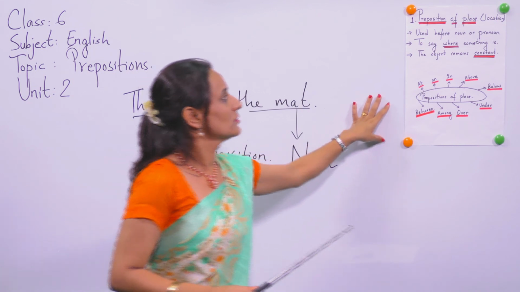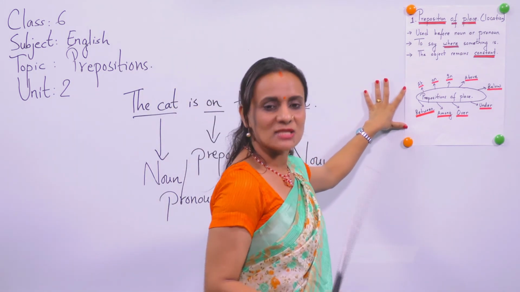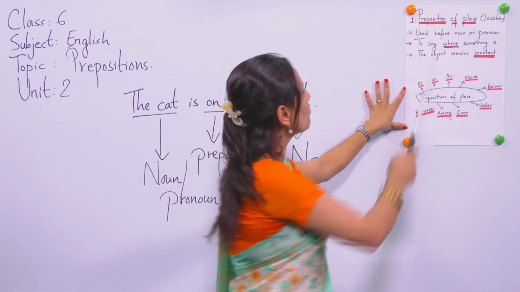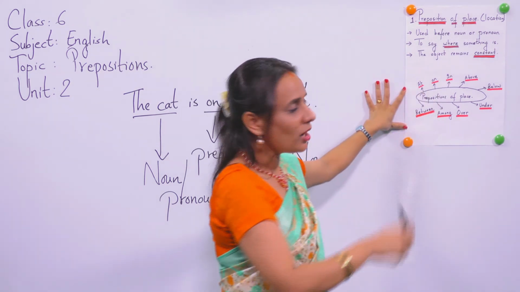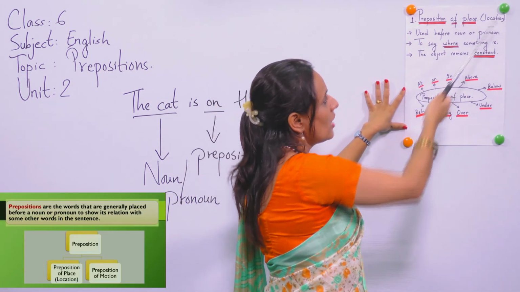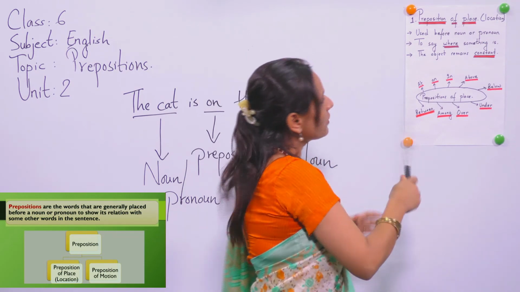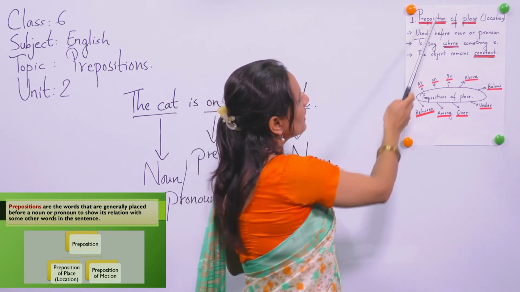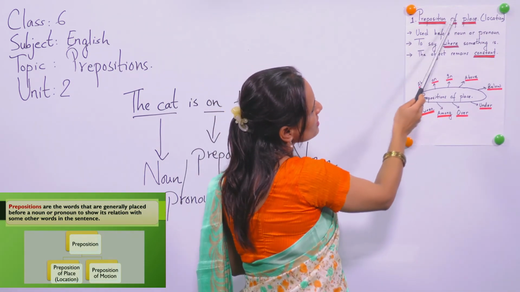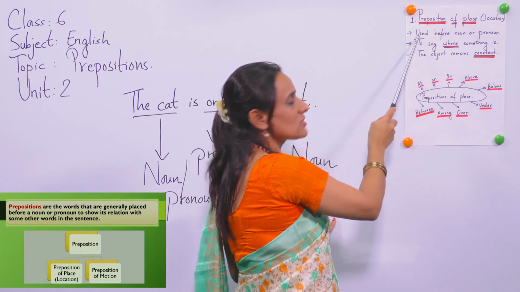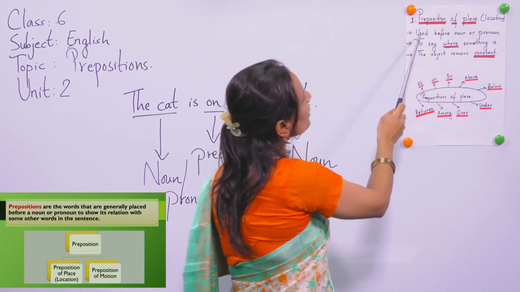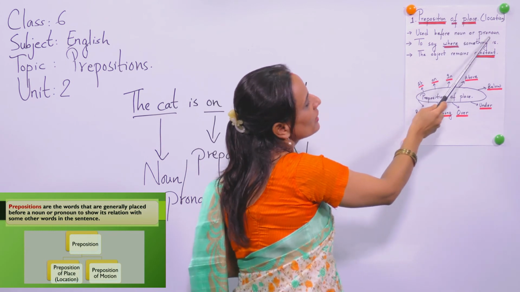The first type of preposition as prescribed in our book is the preposition of place or the preposition of location. Place or location, both of them are the same.